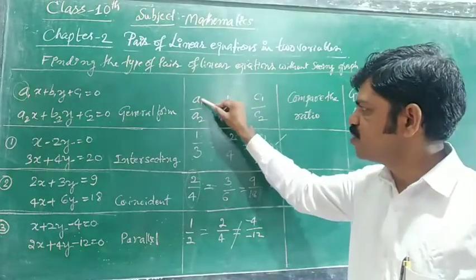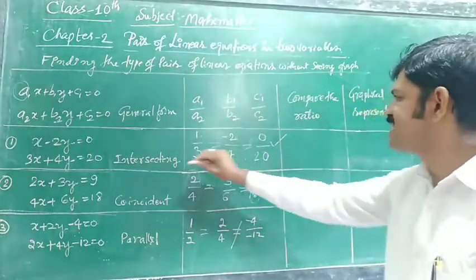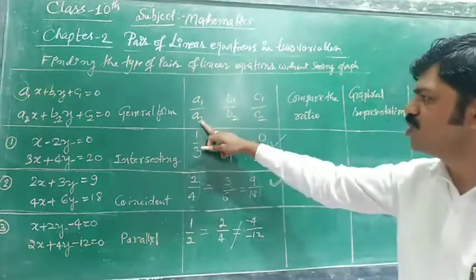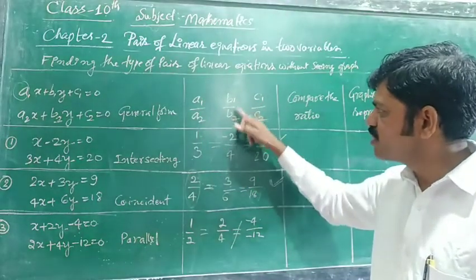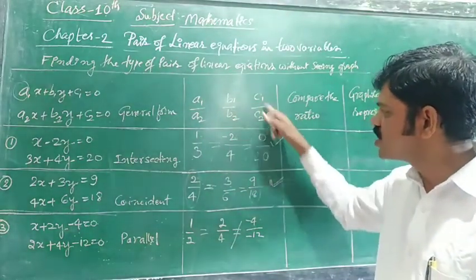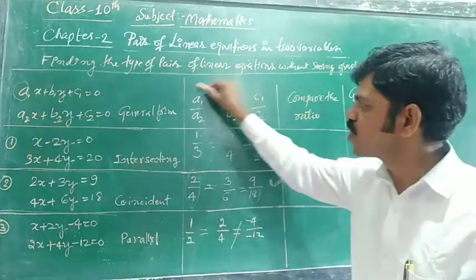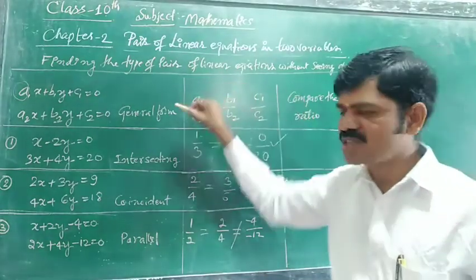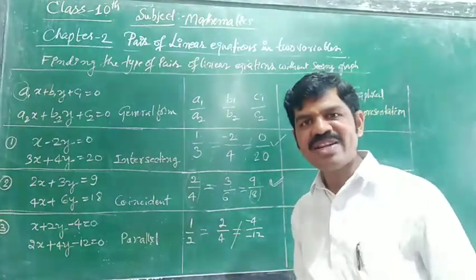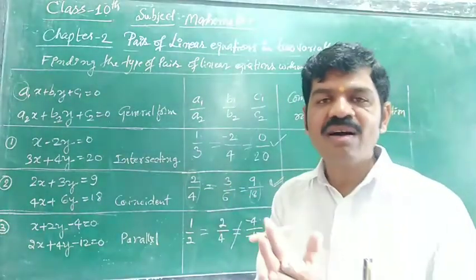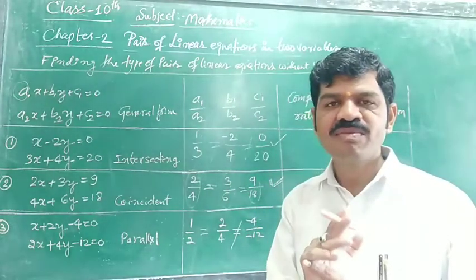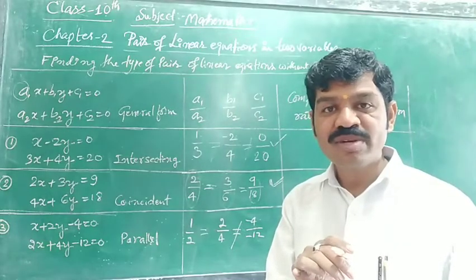for intersecting lines, if a1 by a2 is not equal to b1 by b2, and that is not equal to c1 by c2, if the coefficient ratios are not equal, then that type of pair of linear equations should be intersecting.